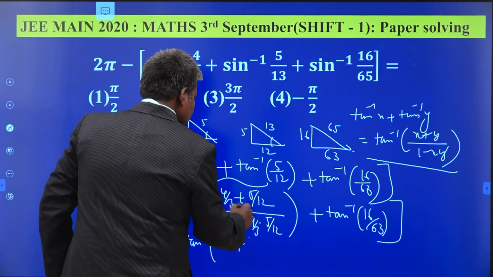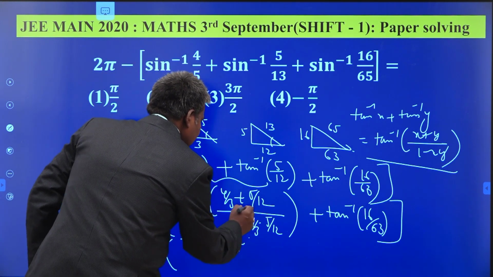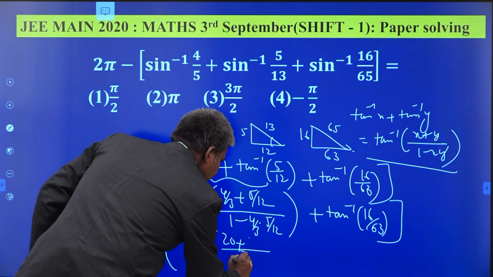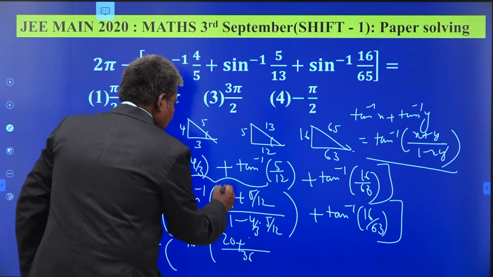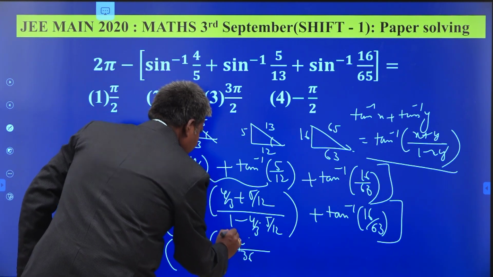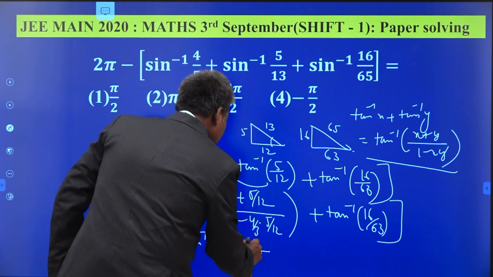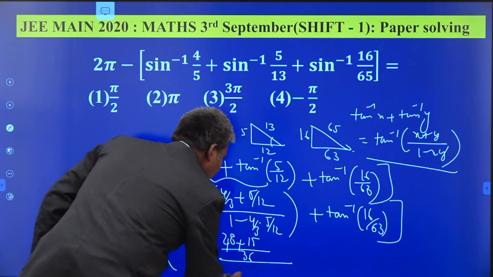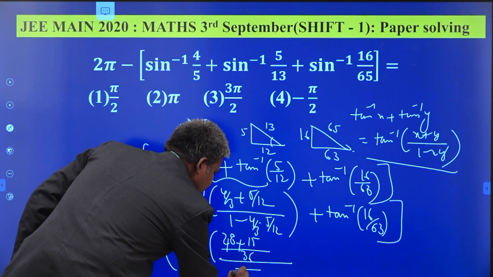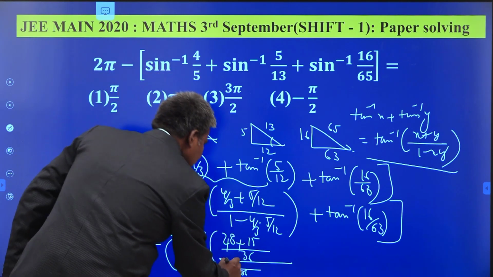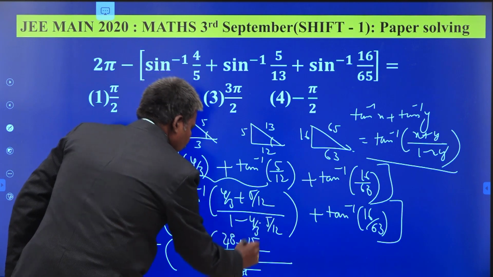I am taking as 36. If you take the LCM as 36, 12 4s are 48 plus 12, 3 5s are 15. Whole divided by 36. This is 36 minus what here?